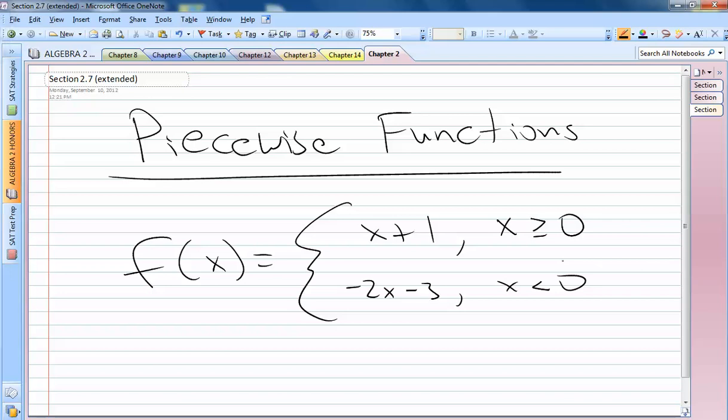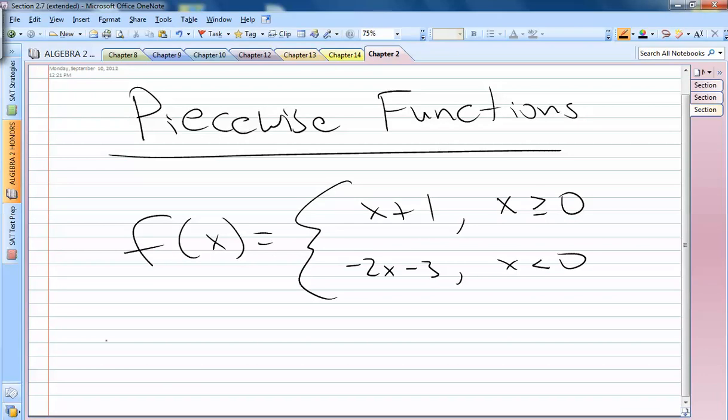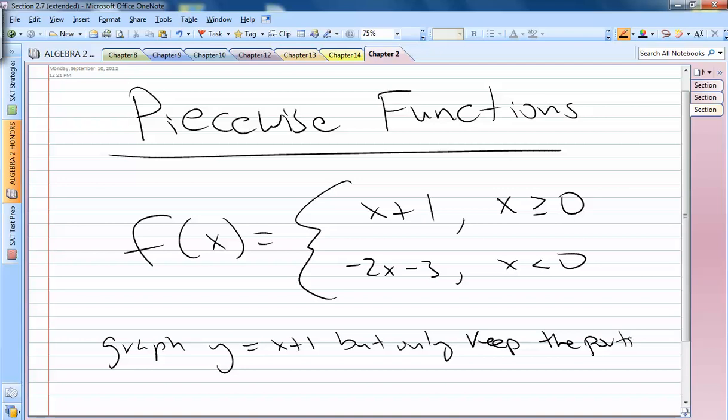The reason why is because you're going to graph y equals x plus 1, but only keep the portion where x is greater than or equal to 0.